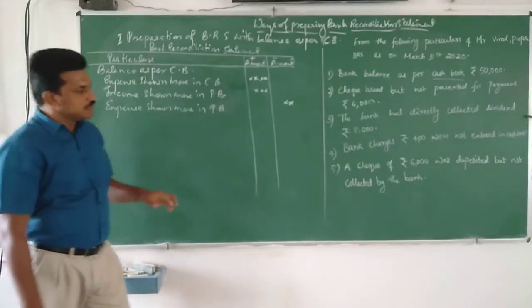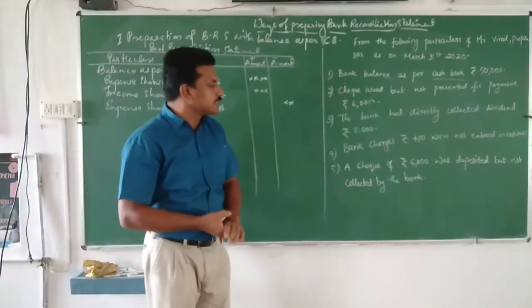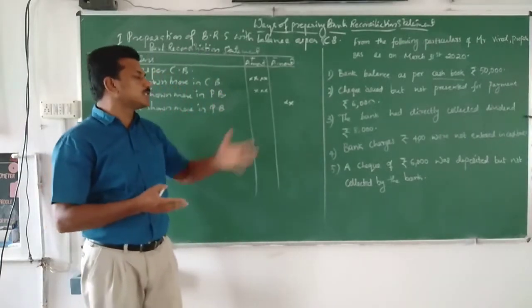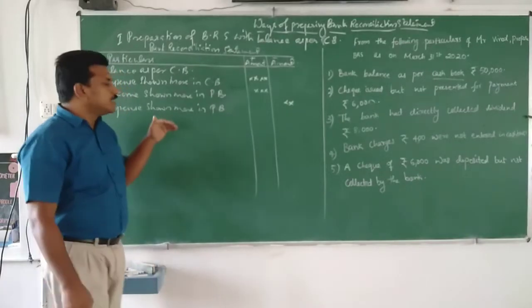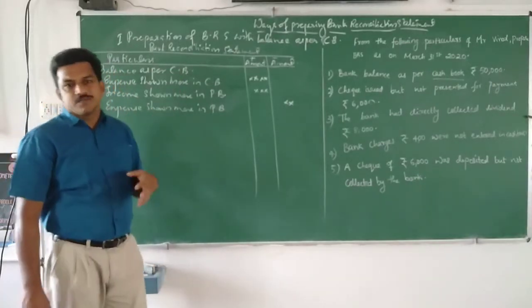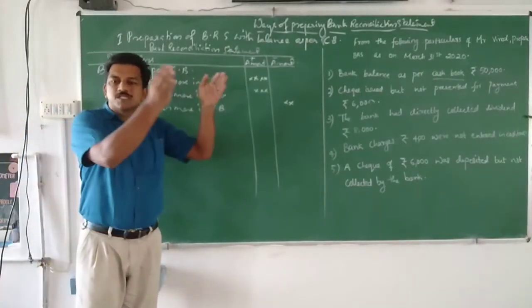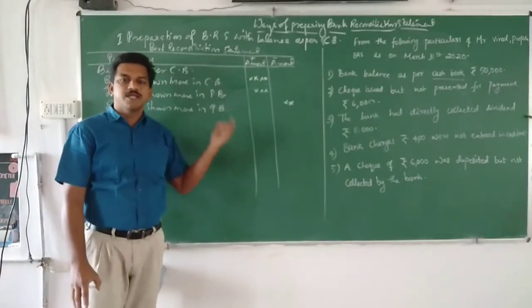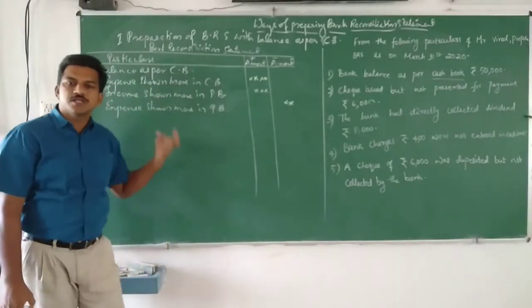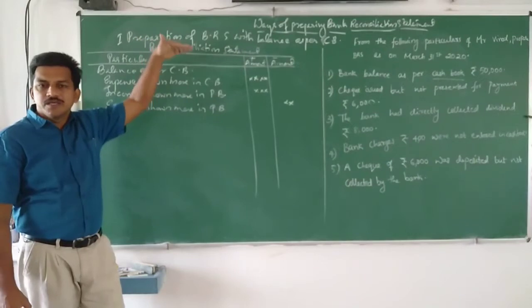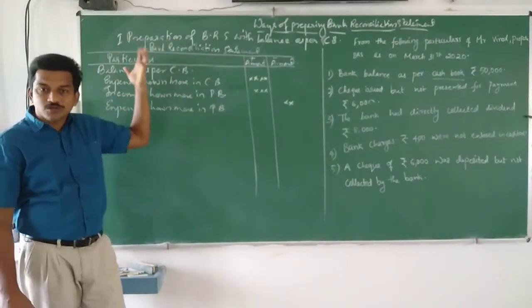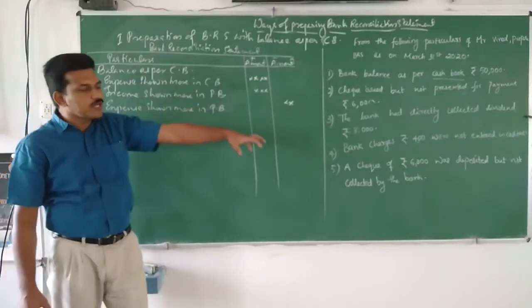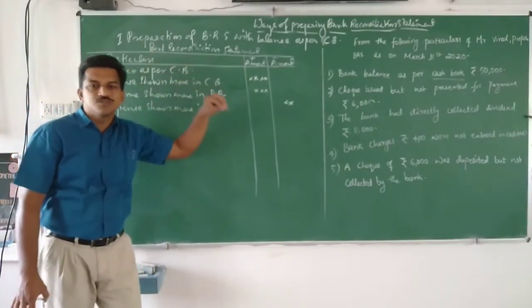Another case, a check of rupees 6,000 was deposited but not collected by the bank. We deposited a check of rupees 6,000 to the bank. At that time, what will we do? We will consider it as income and it will be shown in the cash book. So in the cash book, income is more, but it is not collected by the bank, so their income is less.